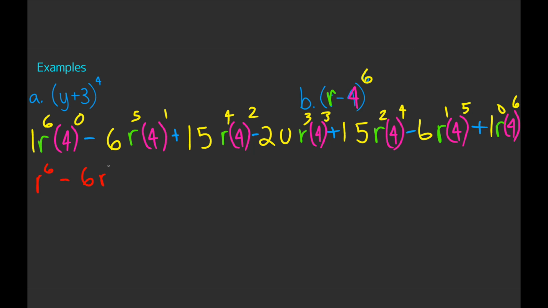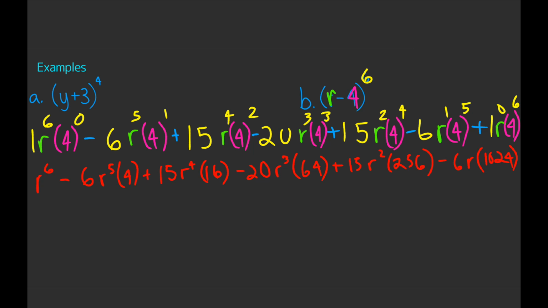Minus 6 r to the 5th power times 4 to the 1st power, which is just 4, plus 15 r to the 4th power times 4 to the 2nd power, which is 16, minus 20 r to the 3rd power times 4 to the 3rd power, which is 64, plus 15 r to the 2nd power times 4 to the 4th power, which is 256, minus 6 r to the 1st power, don't need to write the 1, times 4 to the 5th power, which is 1024.